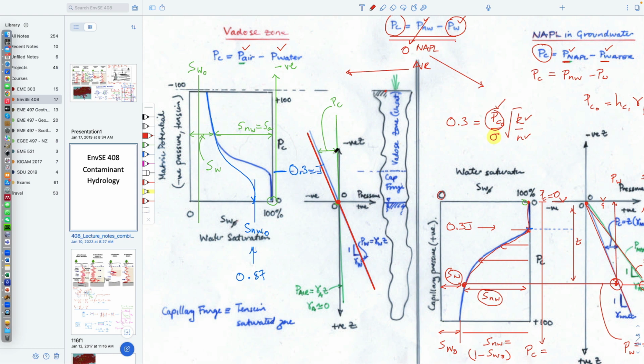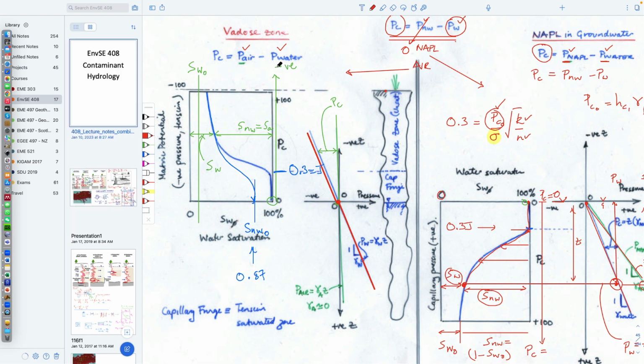And so again, it's this difference between these two pressures, the capillary pressure, in this case, again, positive, as we go up from zero capillary pressure to positive values, that gives us a magnitude of the saturation. So this is the capillary fringe.